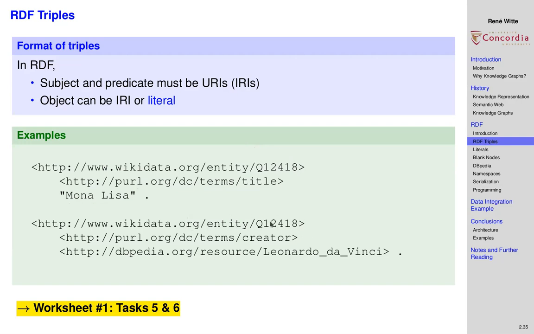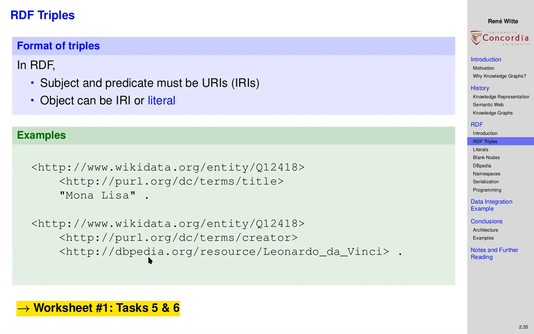This is the URL, the node for the painting. Then we have the predicate, which is creator, again, represented in the form of a URL. And then we have an entity representing Leonardo da Vinci. And this entity is in a different knowledge graph. The painting we have in Wikidata, and this one here is another knowledge graph called DBpedia.